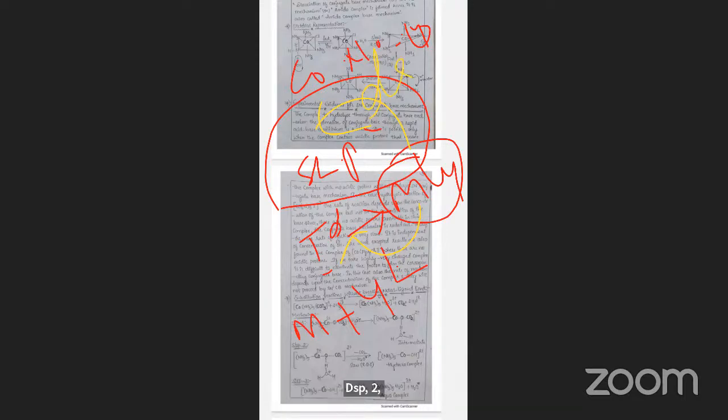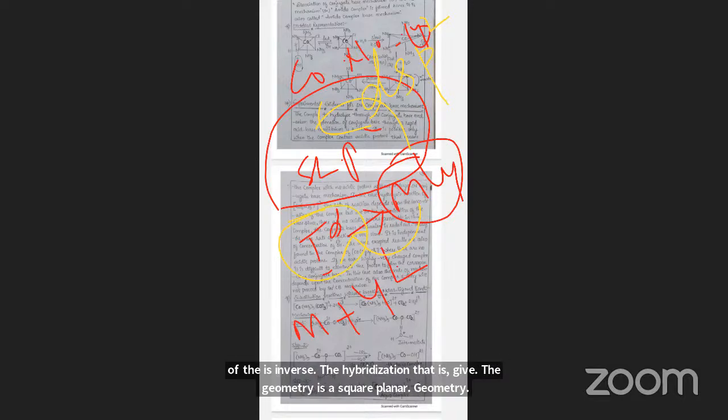One of the d orbitals is involved in the hybridization, which gives the square planar geometry. What is the hybridization of tetrahedral geometry? sp3 hybridization.